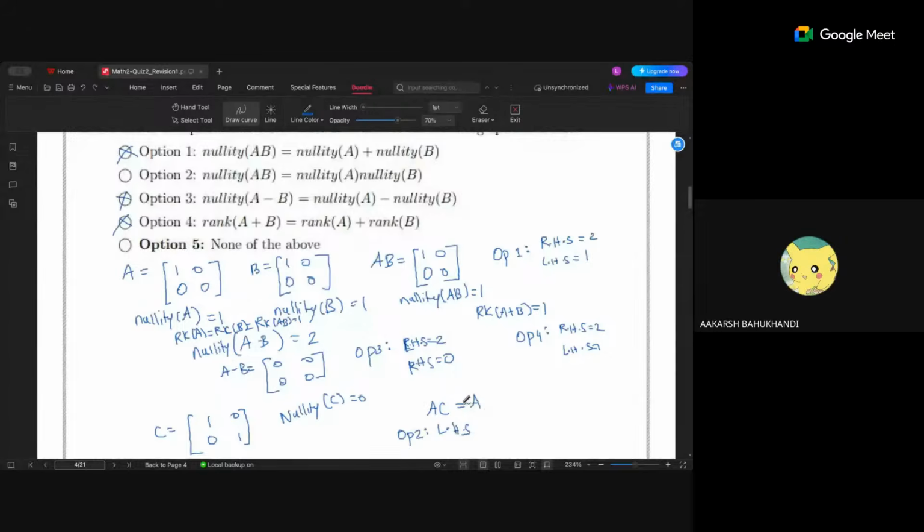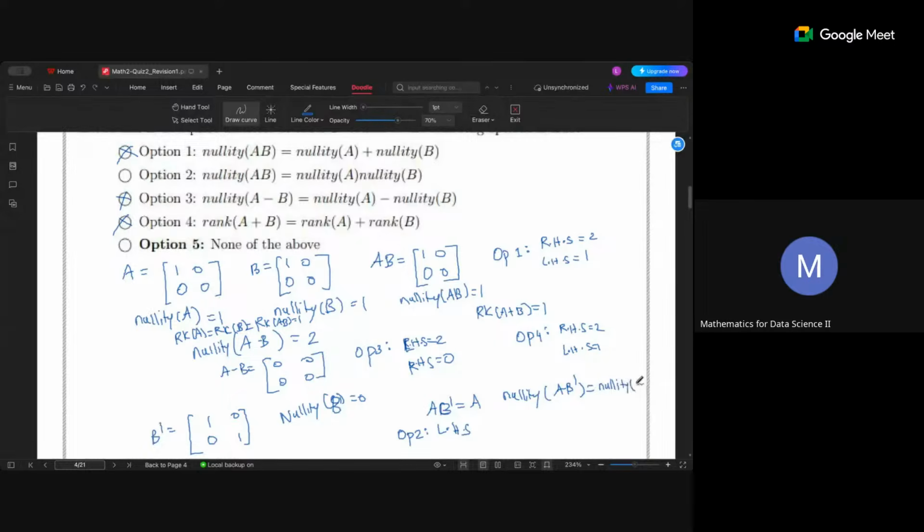Nullity of A is coming as 0 always. Rank is 1 initially. Maybe I'll call this B dash, then you will have an understanding. Nullity of A B dash is nullity of A, because A B dash is simply A, since you are multiplying with the identity matrix.